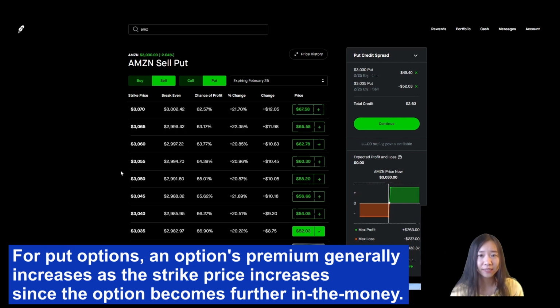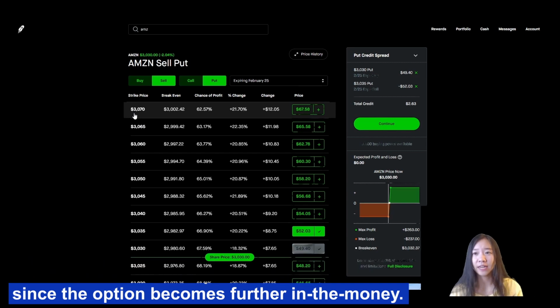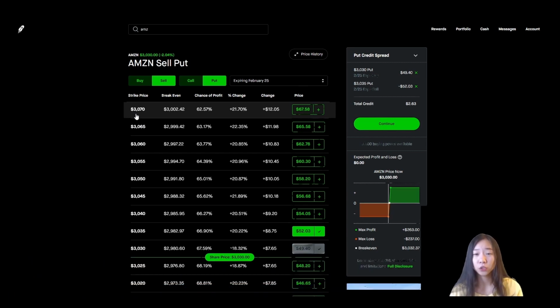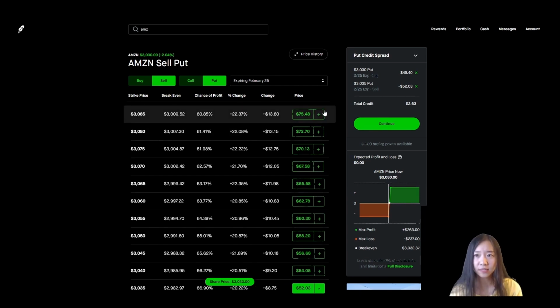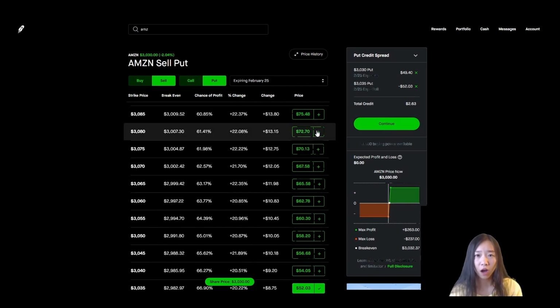The reason is that a put option gives the buyer the right to sell at the strike price. So if the strike price is higher, the put option buyer can sell at a higher price. This is why, as the strike price increases, the value of the option contract increases as well. And this is only for put options.